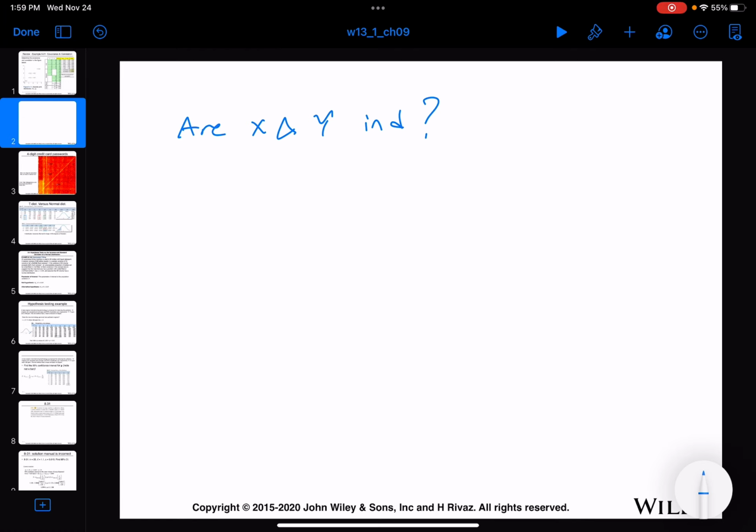If you want to test whether X and Y are independent, it's not a good idea to test whether correlation is 0, because even if correlation is 0, you're not sure that they are independent or not, right?